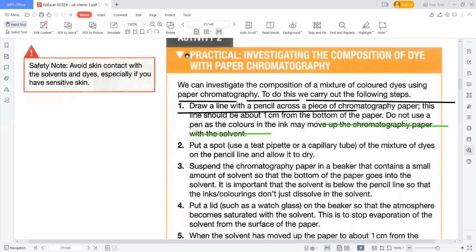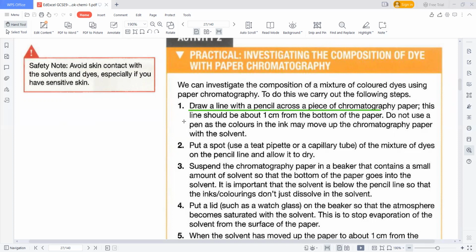Now, next is how you're going to perform this activity. For that, simply draw a line with a pencil. However, a pencil with graphite is not recommended because that might leave some spots. Just use a nice pencil that won't leave any carbon on the paper. It's simply to avoid impurity in the solution.